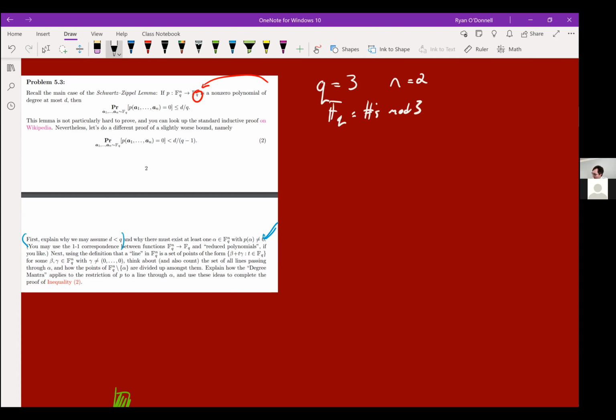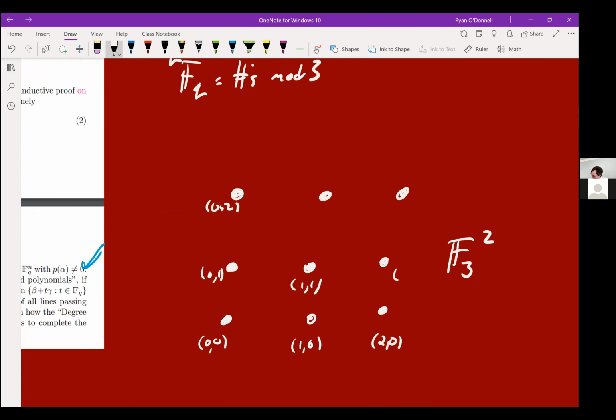You can imagine the set F3 squared. All right, this is 0,0, 1,0, 2,0, 0,1, 0,2, 1,1, 2,1, 2,2, and 1,2.